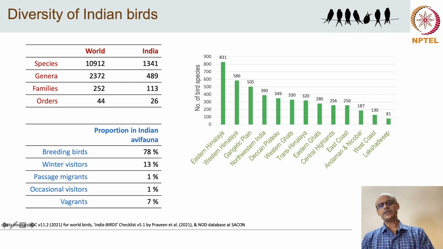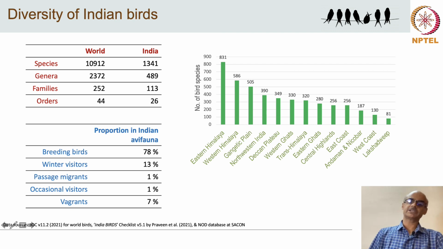So if we look at the biogeography region wise, naturally Eastern Himalaya has the highest diversity of birds, almost 831 species, followed by Western Himalaya with 586 species and Gangetic plains with 505 species.